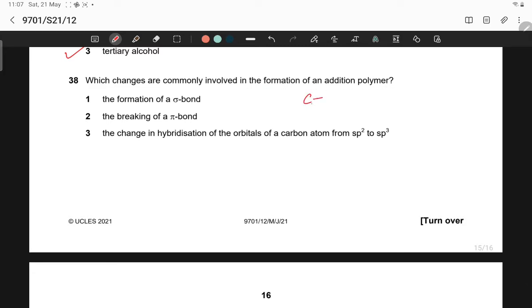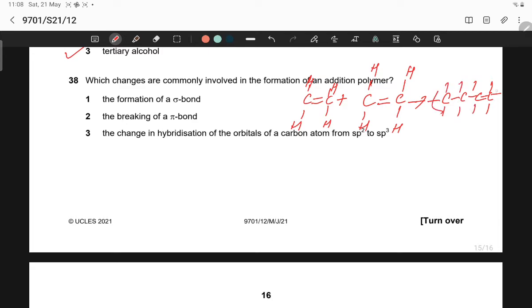So this is ethene plus ethene, so it forms C C C C. This is the polymer with H, H, H, H, H, H. So this is an addition polymer. The formation of a sigma bond. Yes, formation of sigma bond.